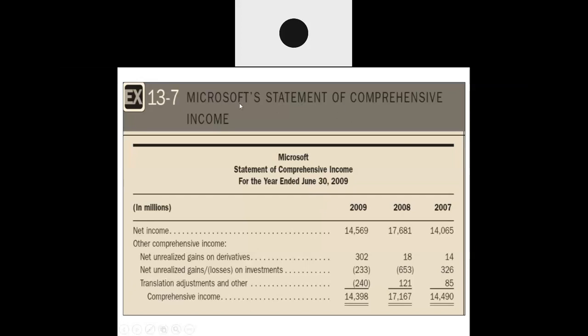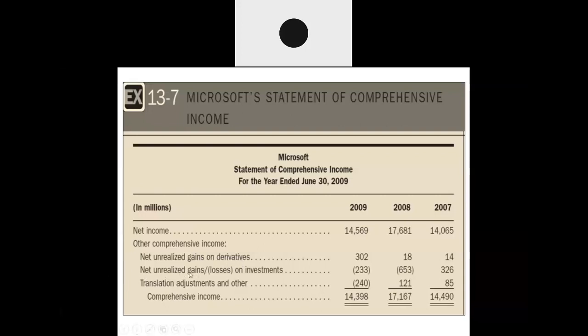So now we look at what the comprehensive income statement looks like. You report the net income figure here, and then you add all the OCIs. Here they have net unrealized gains on derivative. So derivative also is part of non-trading securities.